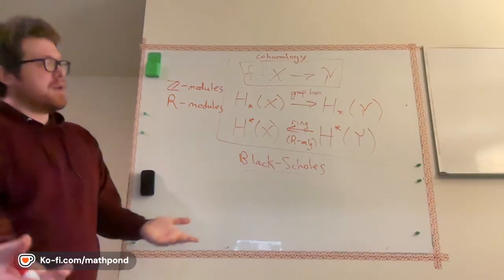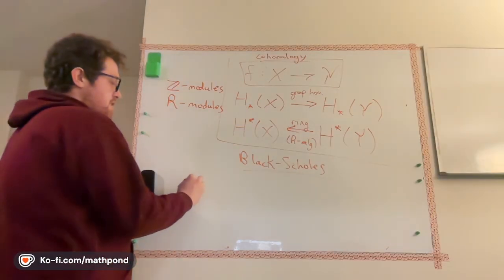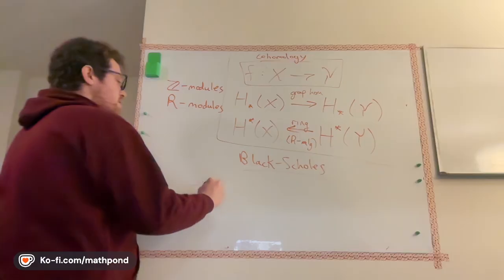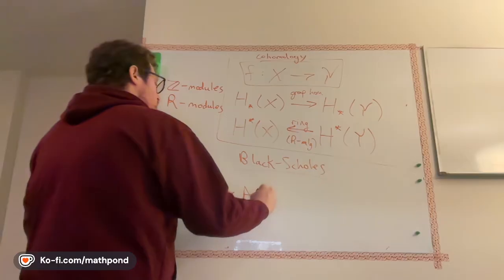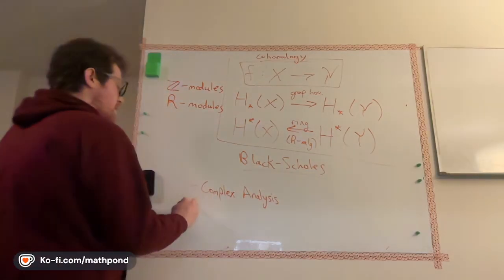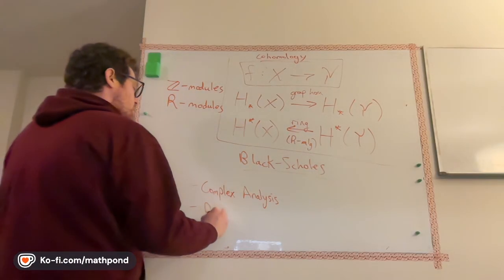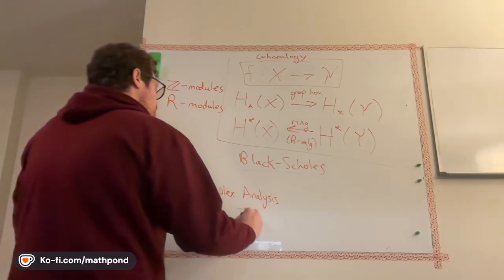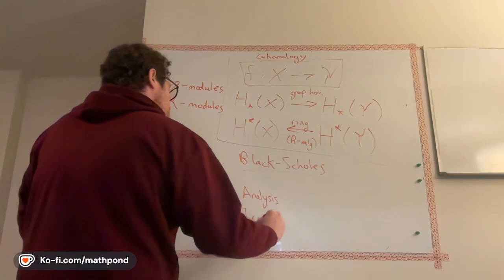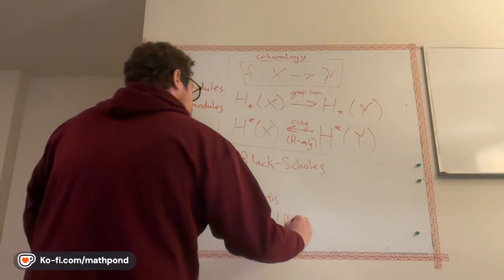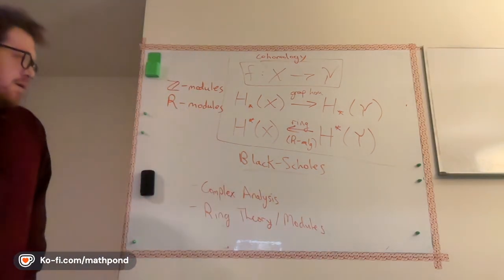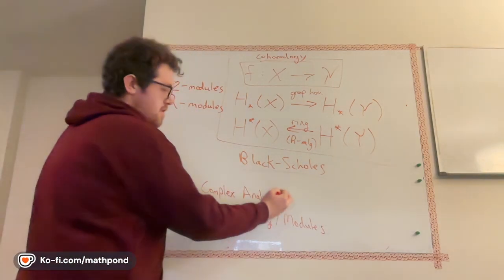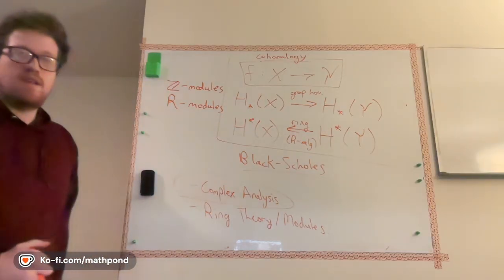I could get into ring theory, so it's probably either complex analysis next, or some ring theory or modules. Something like that. But I'm thinking complex just because it's fun.